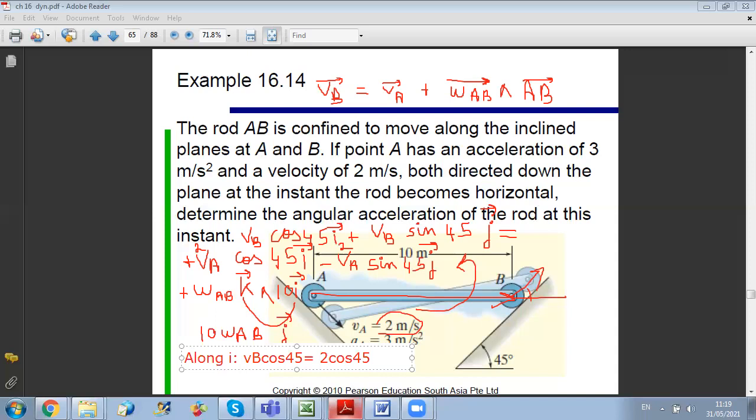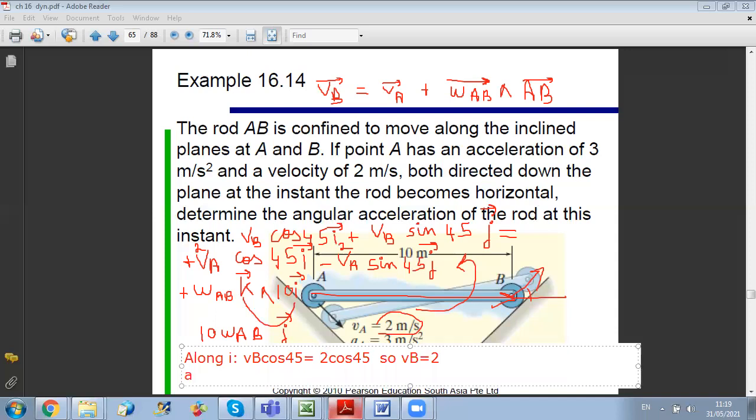I don't have any other component along i. So from this comparison, I can say that VB is equal to 2. I got my first unknown.